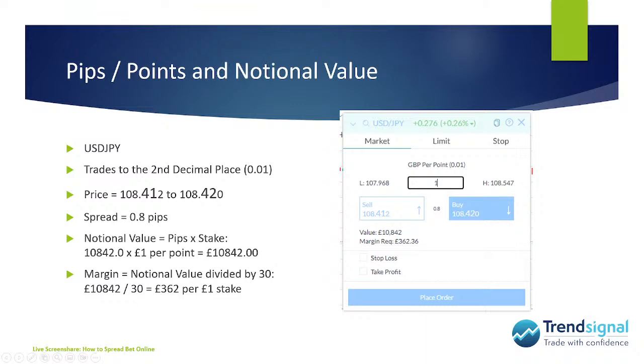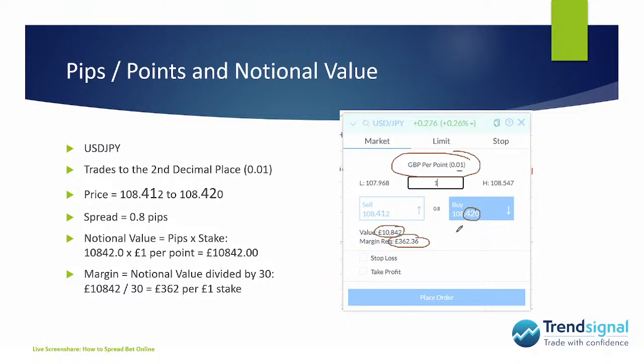One of the great things about all of this is that it can tell you what you're betting. Bet per point is the 0.01. That is there. These are all safety measures: the height, the raised font, the notional value, the margin required. These are actually there as safety features to help you make sure you're trading in the size that you thought it was.